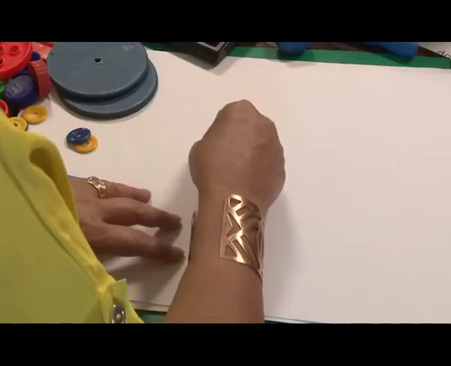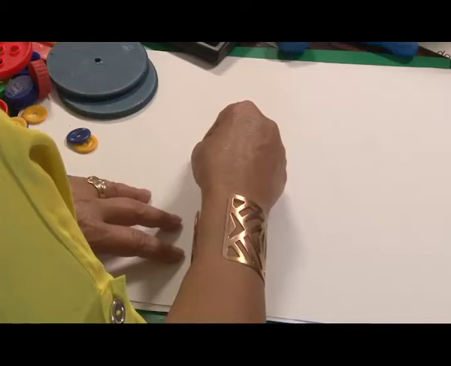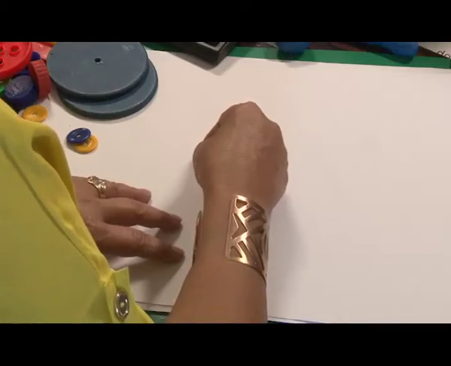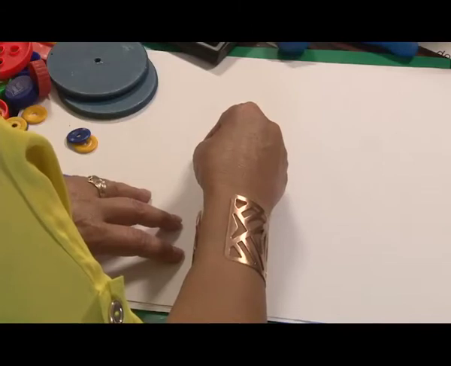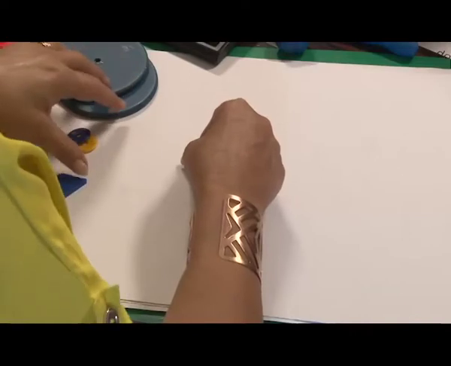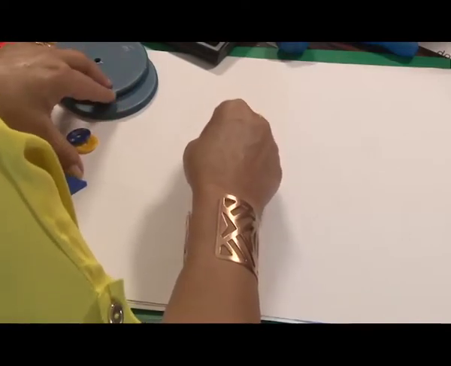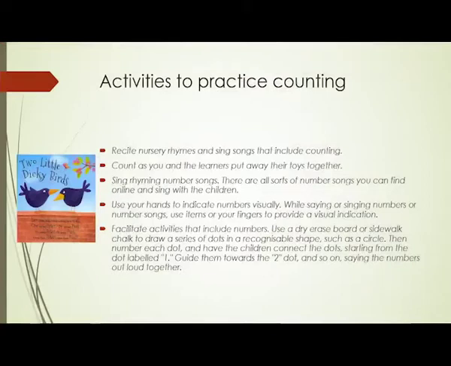Those are nursery rhymes that I can do in my class that will practice counting. Count as you and the learners put away their toys together. All these objects that we have here, when we have to pack them away after the day's lesson, count. Let the learner count these as we put the toys away together.